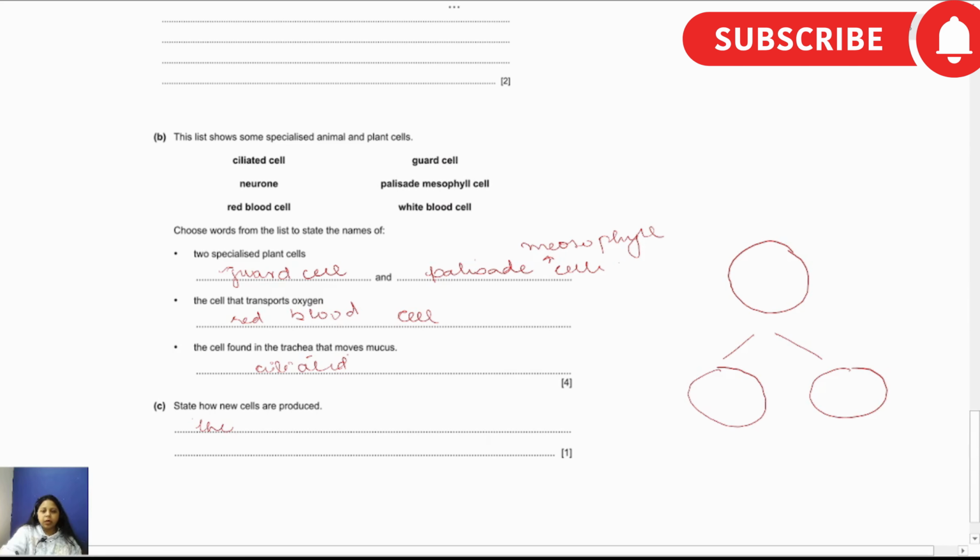So we say that the pre-existing cell, you have to use this word, pre-existing cell divides into new daughter cells. Into two new daughter cells. This is how new cells are produced. They are produced from basically the pre-existing cells.